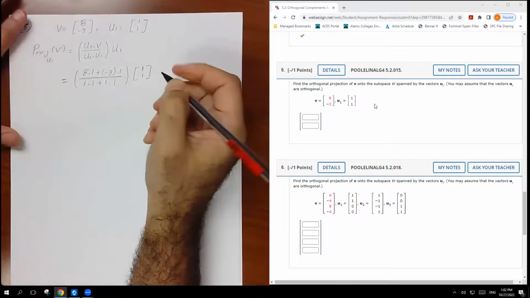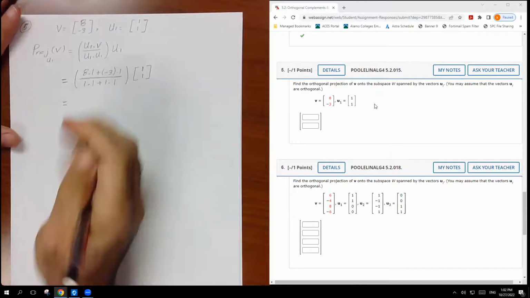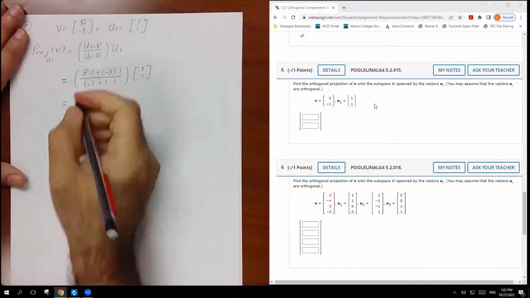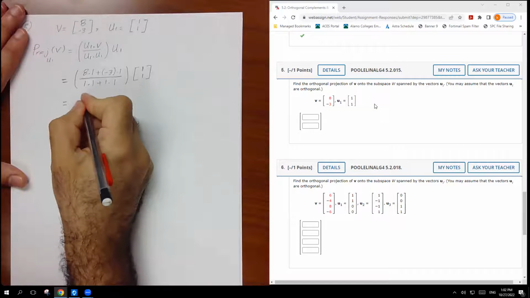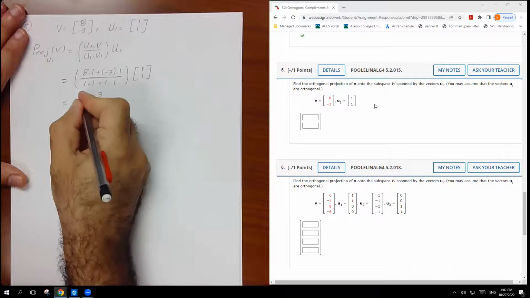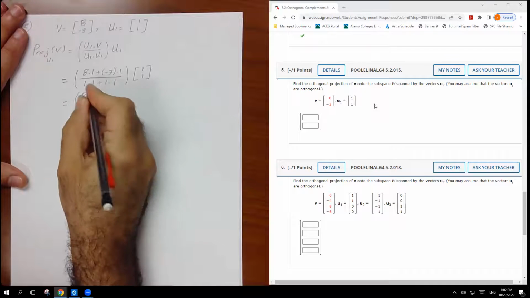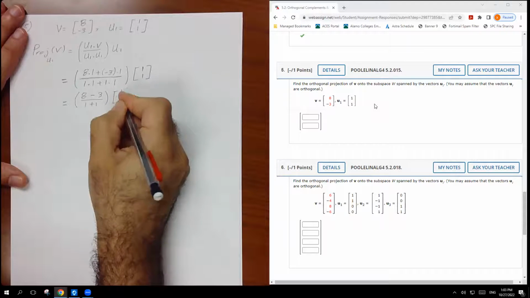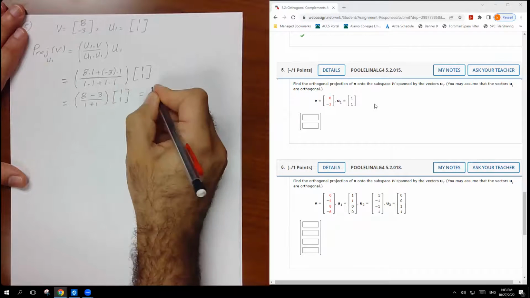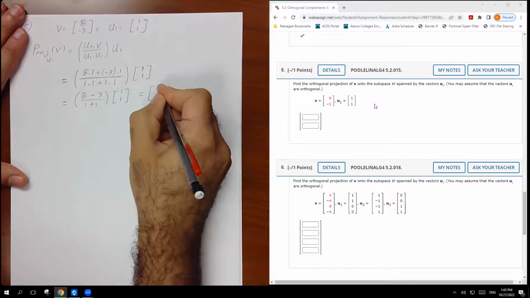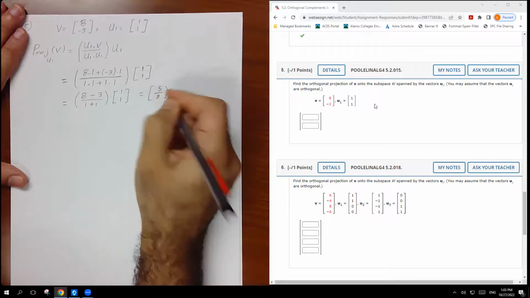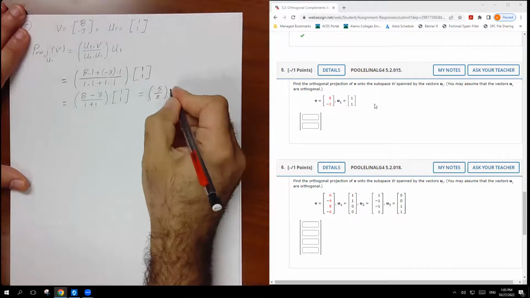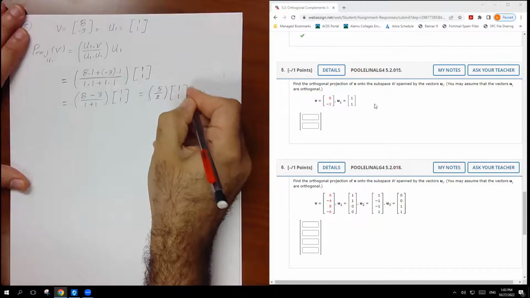And everything times the vector U1, which is 1, 1. So this one is going to be equal to 8 minus 3 over 1 plus 1, and everything times 1, 1. This one is going to be equal to 5 over 2 times the vector 1, 1.